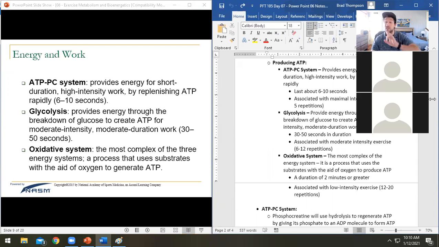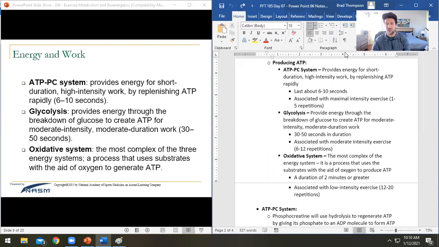So Kenny, Andres, this is new. This is the new energy system that we're going to talk about today. It's your ATP-PC system, or your adenosine triphosphate phosphocreatine system. Creatine, that weightlifting supplement that they sell in stores, is actually an enzyme, or at least it has enzymes in it.